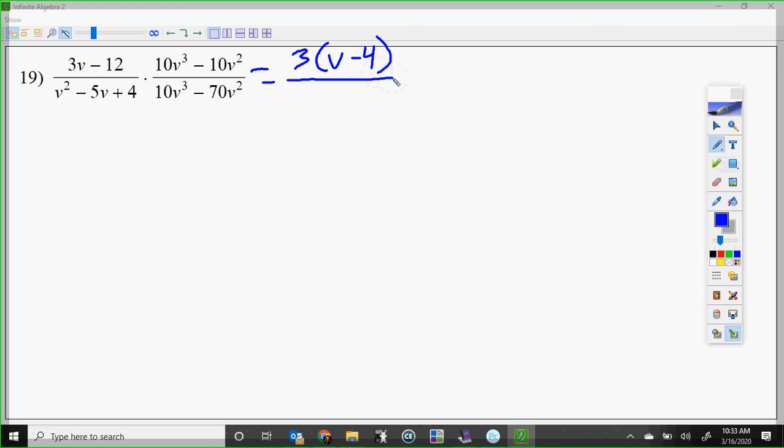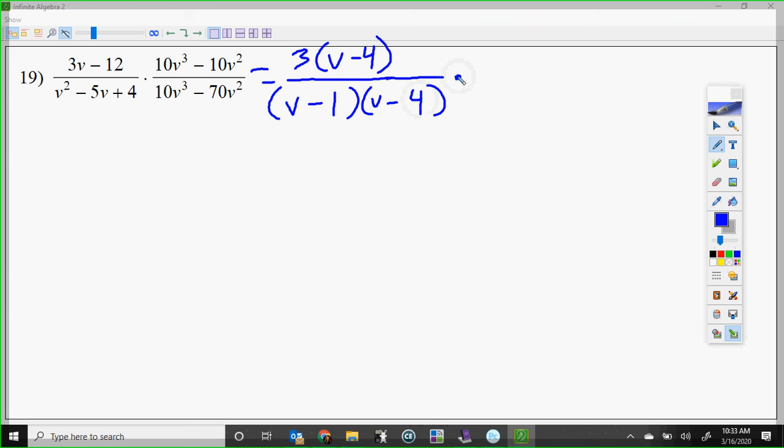In the bottom, I can factor that into v. Well, what multiplies to make positive 4 and adds to make negative 5? Well, that would be negative 1, negative 4 times.